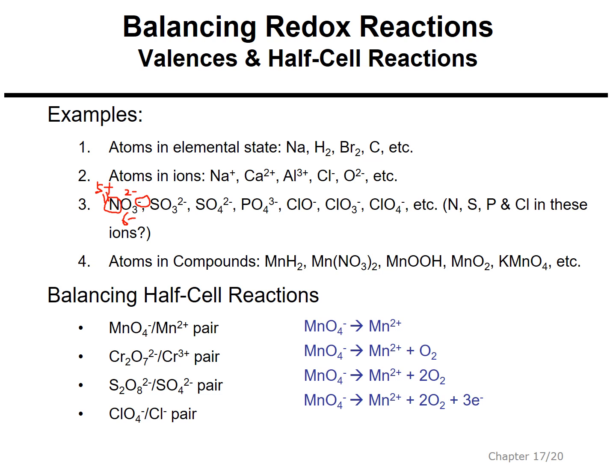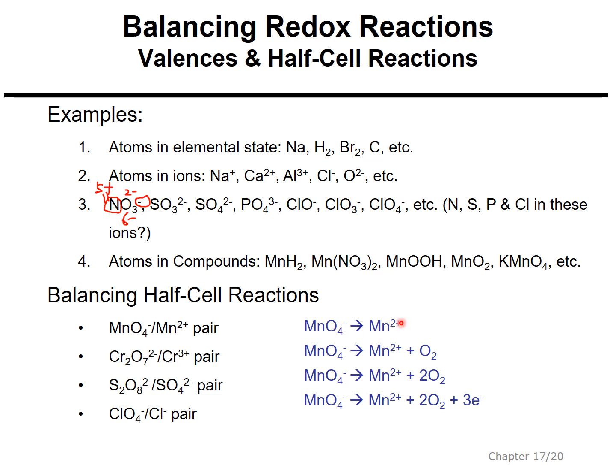Okay, let's go to the half-cell reactions. Here are the manganese pair, chromium pair, sulfur pair, and chlorine pair. Let's do the balancing for the first case. The chemical reaction equation is MnO4 minus going to Mn2 plus.